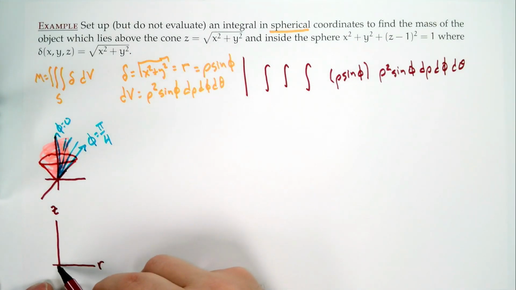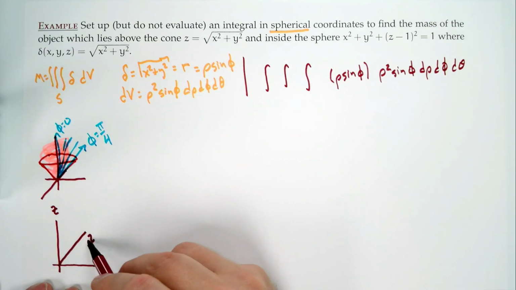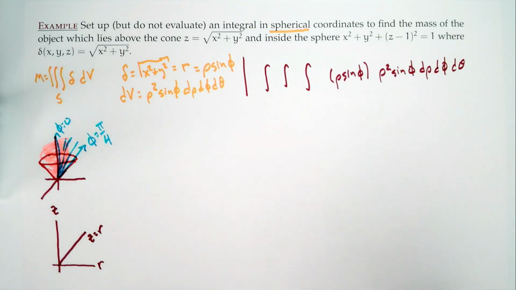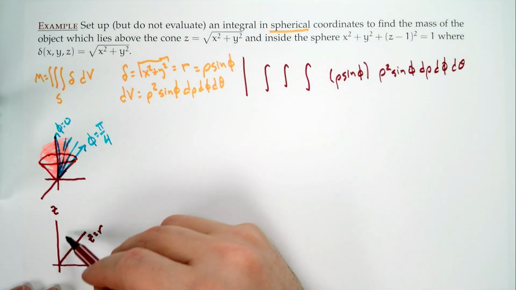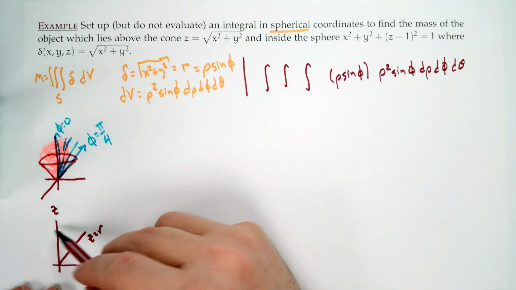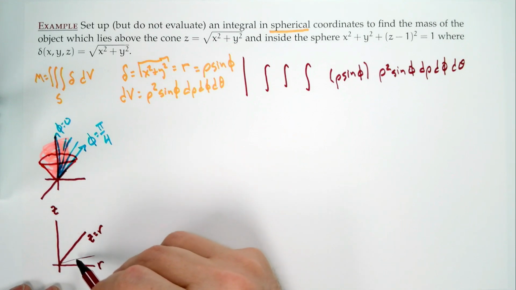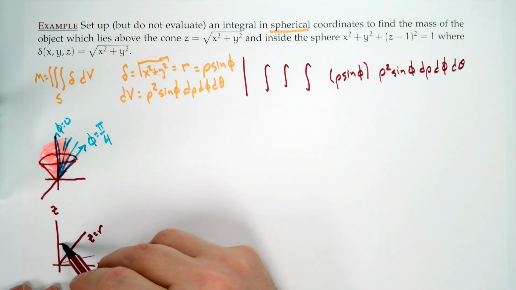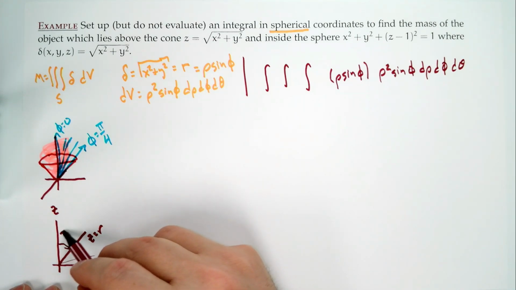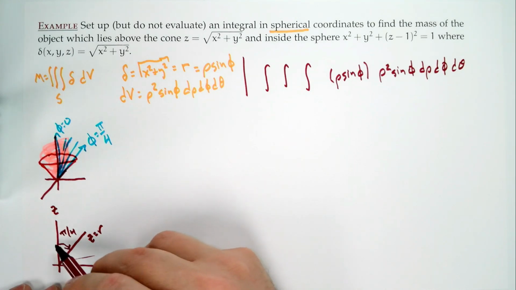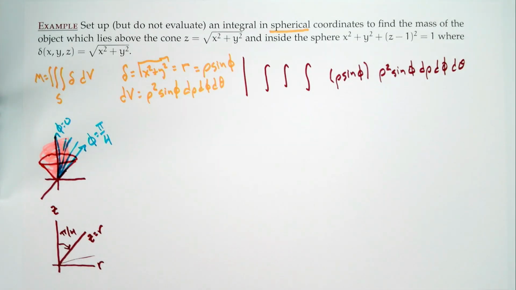So we have this nice line, z equals r, which is a 45-degree angle. If it was z equals 2r, we'd have a slightly shallower phi, so phi would have a smaller range. Z equals a half r, phi would get a little bit bigger, and so forth. But here that's an angle of pi over 4. Notice I'm coming off the positive z-axis. That's how I determine my angle.